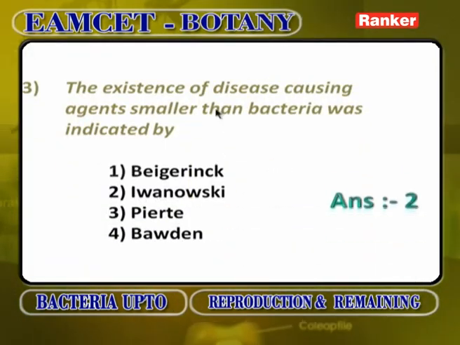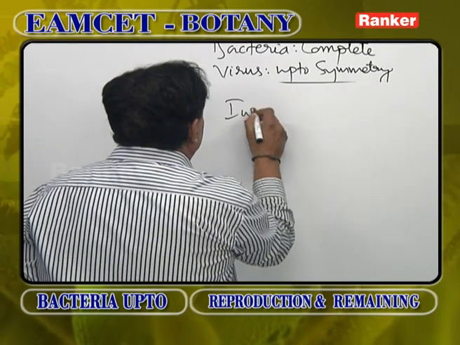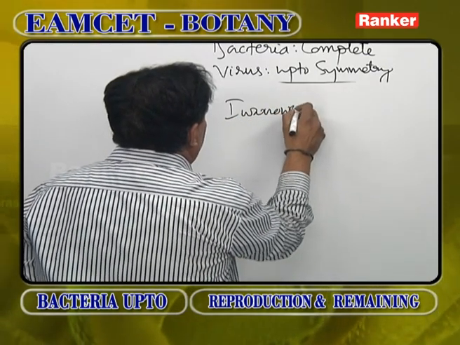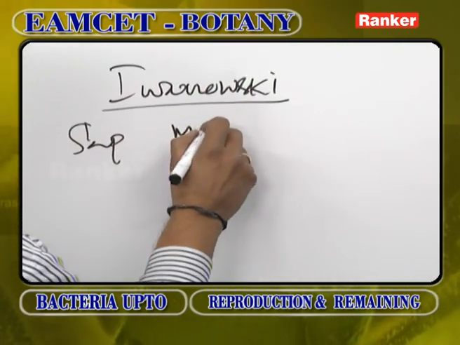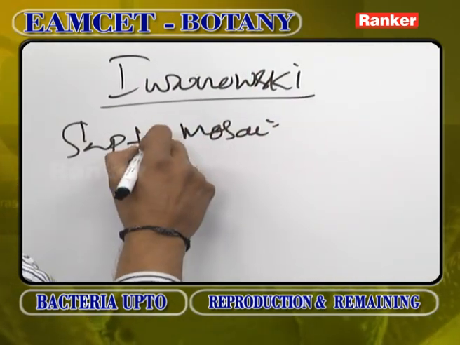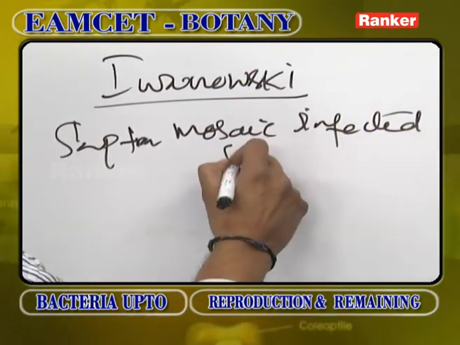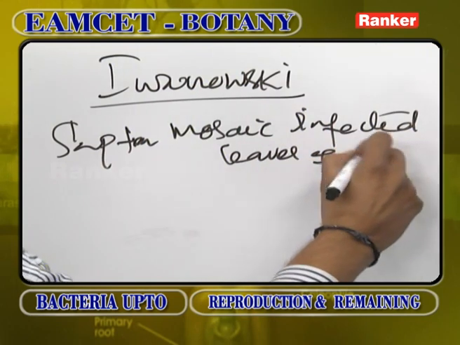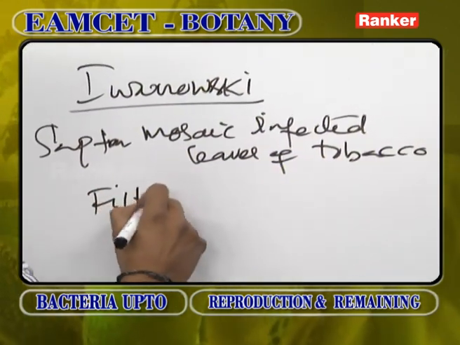The existence of disease causing organisms smaller than bacteria was indicated by Ivanoski. Ivanoski is a scientist who took the sap from mosaic infected leaves of tobacco. He allowed this sap to pass through a filter paper.